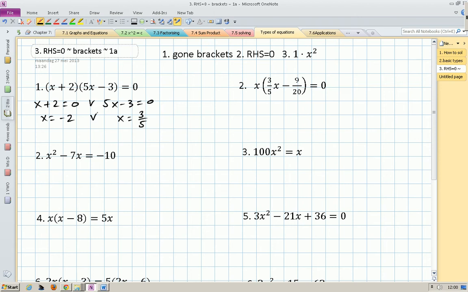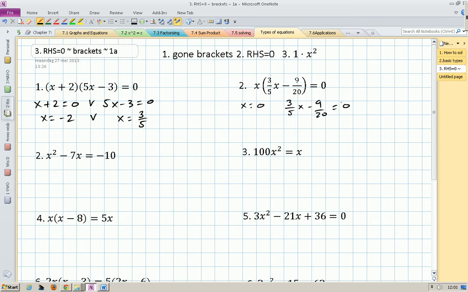That's that one. Also here, I can immediately say x is equal to 0, or 3/5 x minus 9/20 is equal to 0, just giving you some fractions here as well, and showing you that it works the same way. So how do I get x alone on the left? Well, by adding 9/20 to both sides.